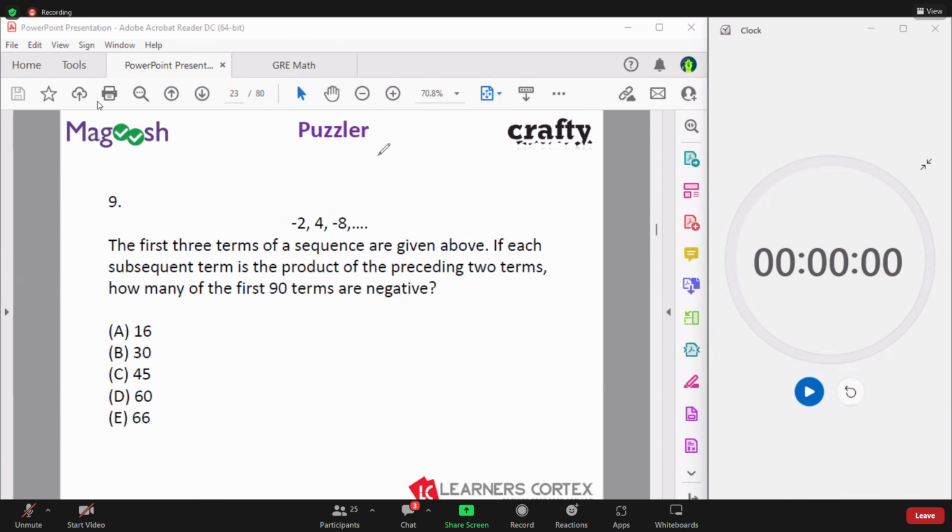Does anyone know? We have studied, or you might have heard about, this series quite often. Fibonacci. Yes. It is a recursive series.